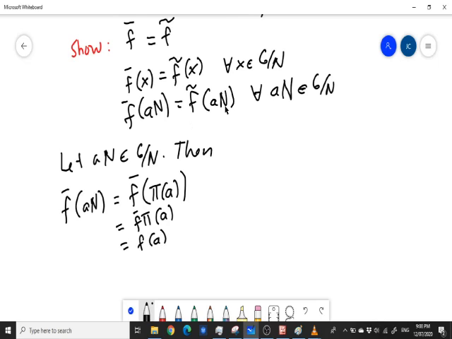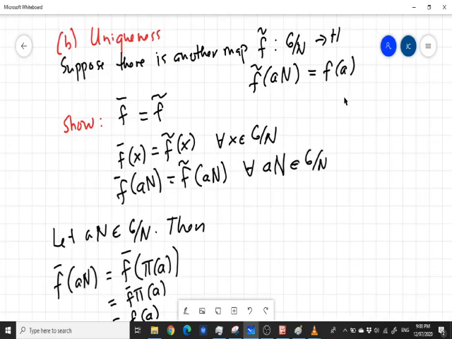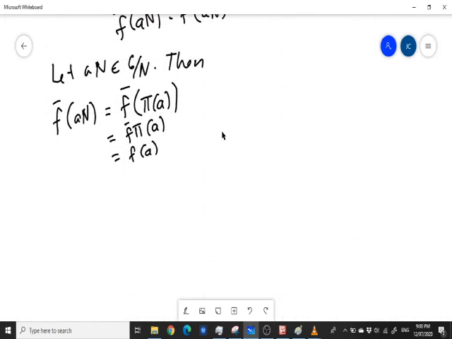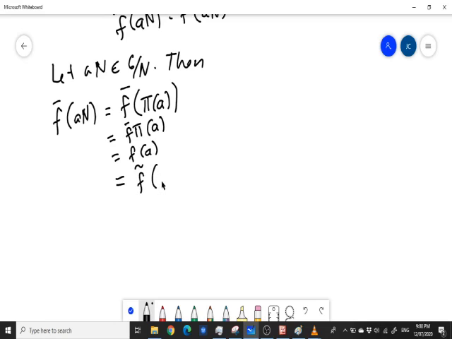But f of a, let's go back. Let's see. f of a, see here, is equal to f tilde of a n. So f tilde of a n. Therefore, they have the same image, right?